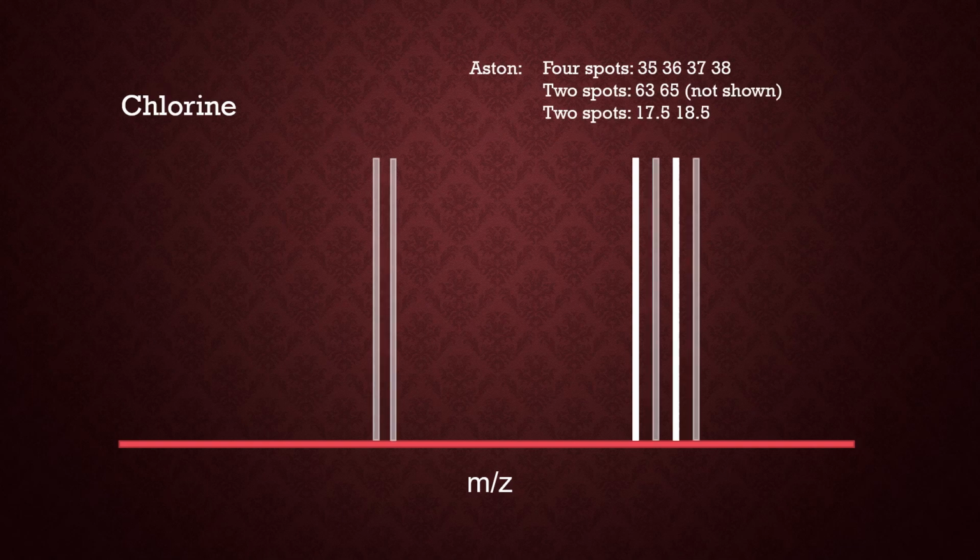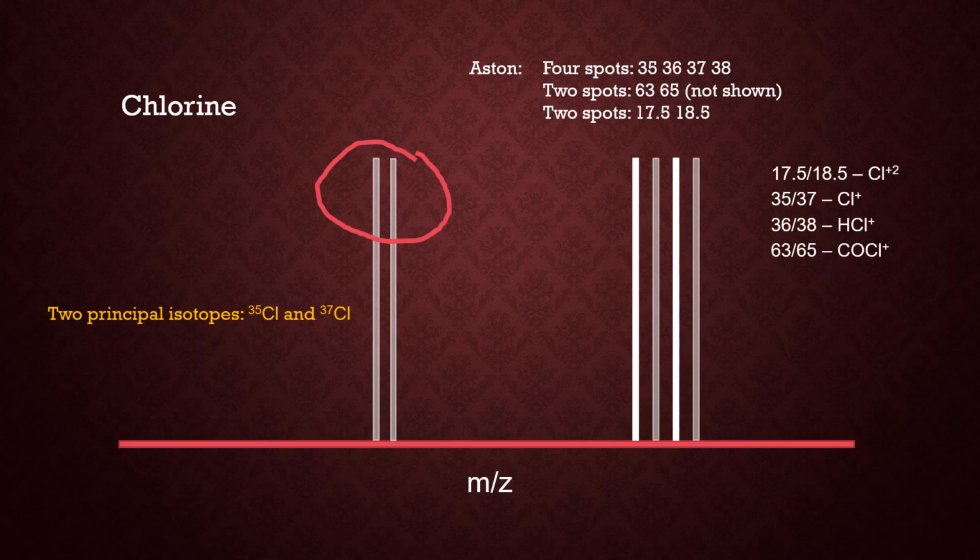So Aston begins a systematic study of the elements and the attempt to discover the isotopes. He includes chlorine in the study, and he notes that he gets a number of spots, and 2 intense spots at 35 and 37, and then their echo. So he decides that probably the principal isotopes are 35 and 37, based upon the faint spots that he sees at 17.5 and 18.5, which would correspond to the +2 cations of the 35 and the 37, which would be the +1.